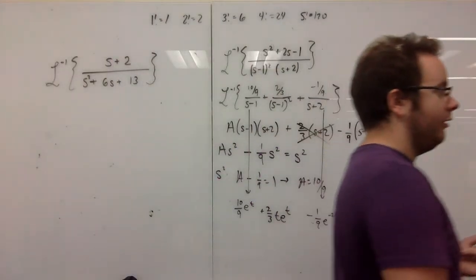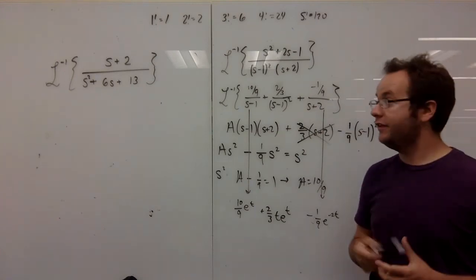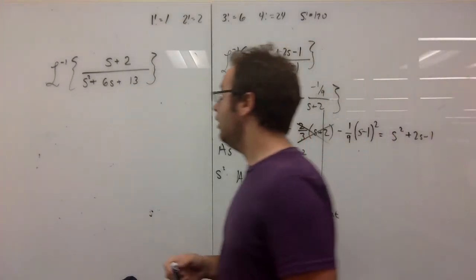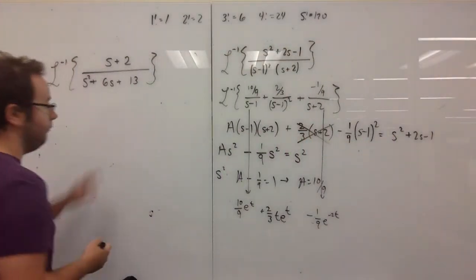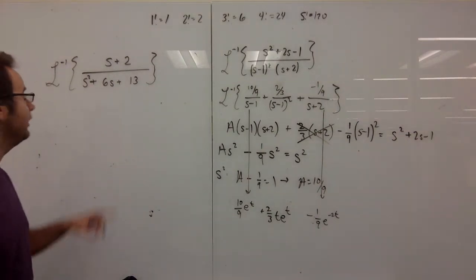So I'm gonna puncture your bubble here. The denominator does not factor. So we're probably gonna want to complete the square. And in general, when the denominator doesn't factor, it's usually indicative of a sine or a cosine.